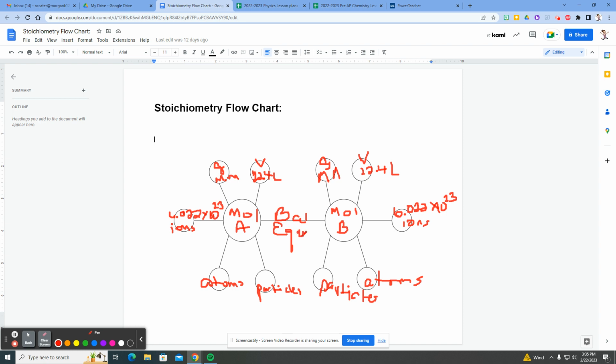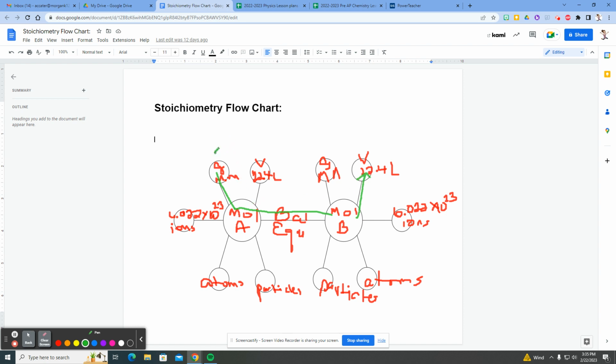Okay. So if I start with grams of A, then I'm going to use my molar mass and go to moles of A. And then I'm going to use my balanced chemical equation to go to moles of B. And then let's say I needed to find liters of B. Then I would use that to find my liters, my volume.